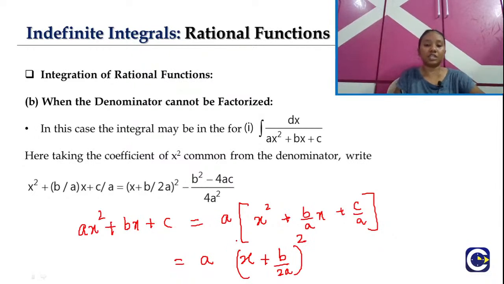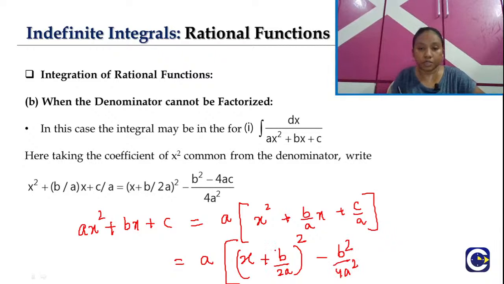If I have written x plus b by 2a whole square, then x square is there, but I am not having b square by 4a square. So I should subtract b square by 4a square, plus 2 into b by 2a x. I already have b by a x, so this will be the term. And the remaining is c by a.